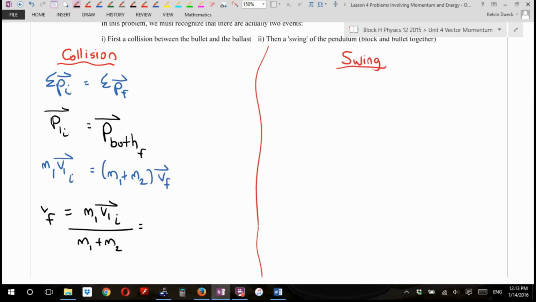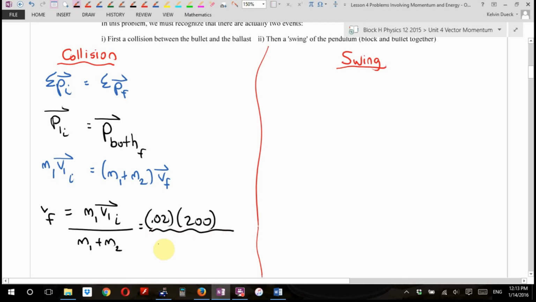Sorry? Oh, did I give it to you in grams? So yeah, not 0.2, that's 200 grams, 0.02. And we changed it to 200 to get a slightly more interesting question. And then 0.02 plus, was the block 4 kilograms? Okay.